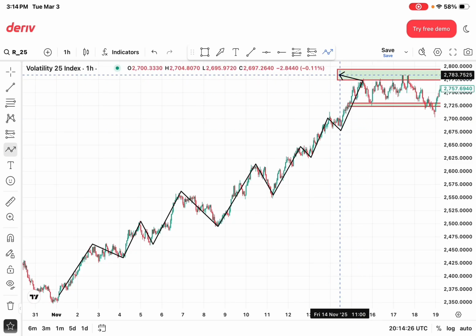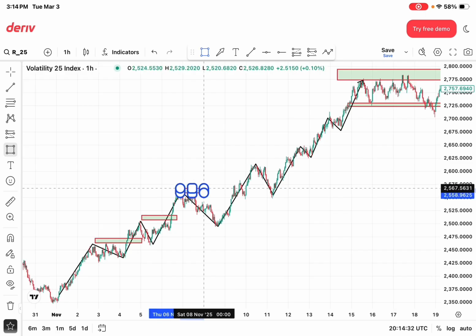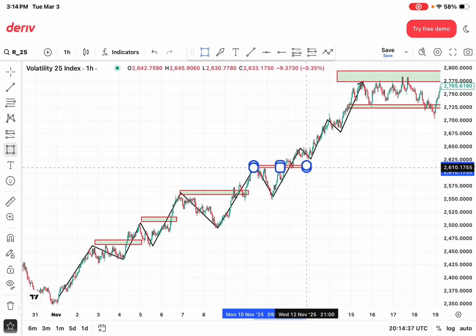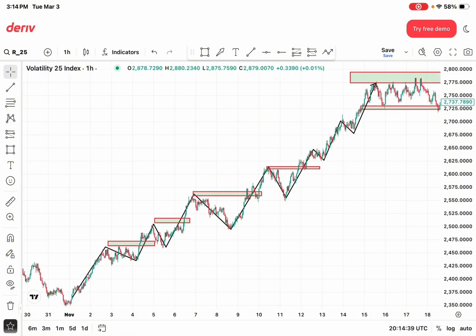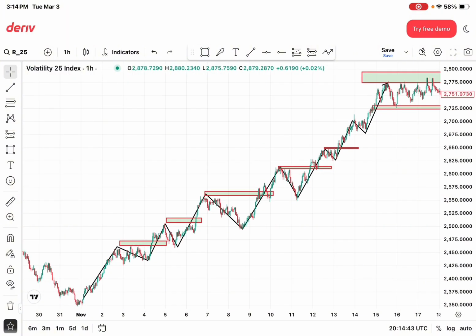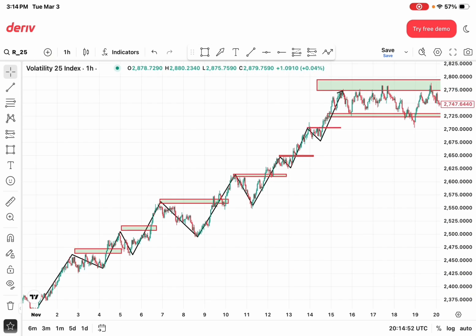All right. We draw break of structure, break of structure, break of structure, break of structure. Higher lows.